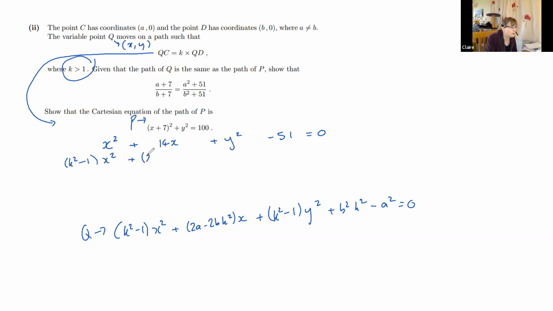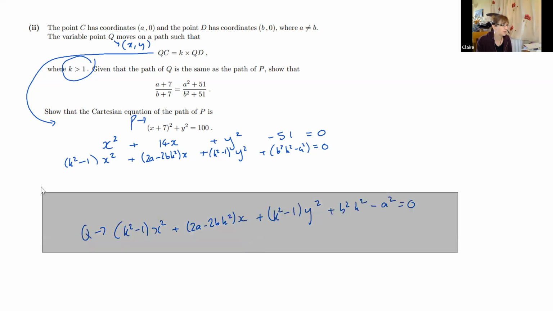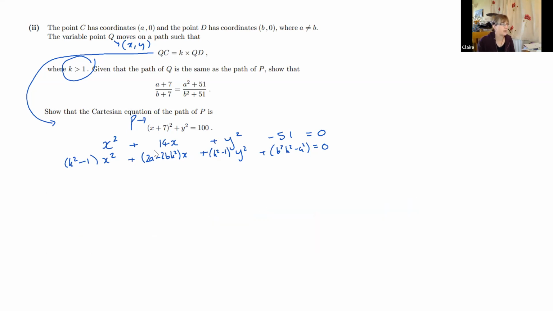So this is why I wanted to space it out a bit. Plus b squared k squared minus a squared equals 0. Okay, so now that I've spaced it out, I've got things lining up nicely. I've got all my x terms lining up, my y terms lining up, and the constants lining up.